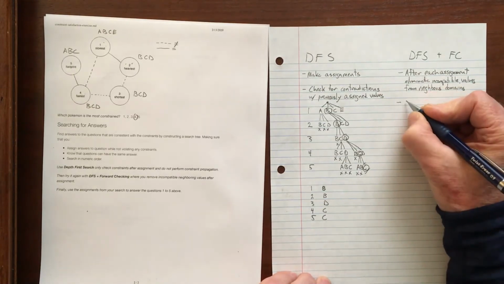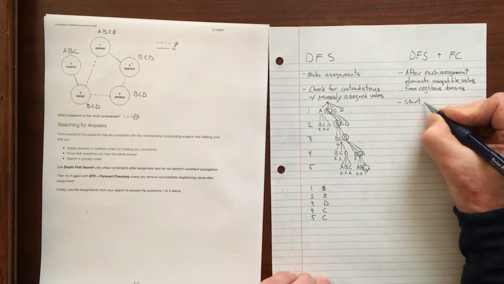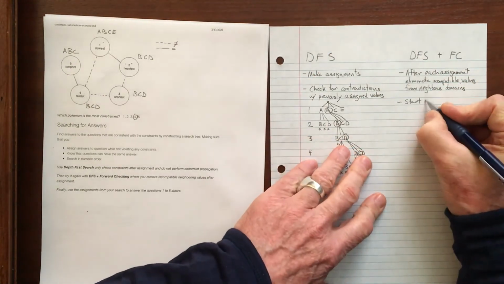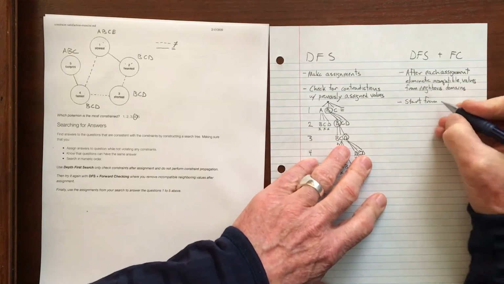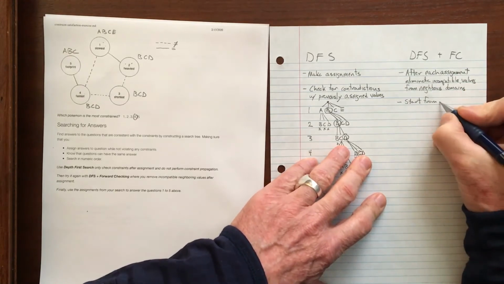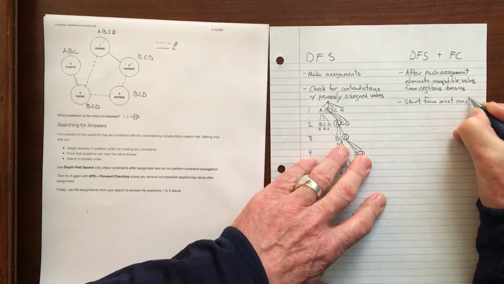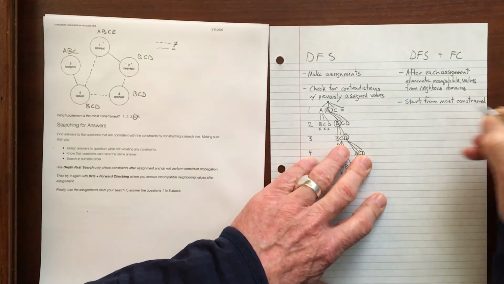We're going to start from the most constrained variable. So if we get that out of the way first, our solution turns out will be a lot easier and more efficient. We won't have to expand as many nodes and do as much evaluation.